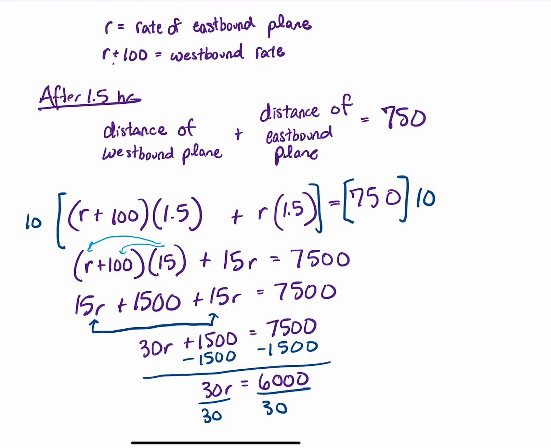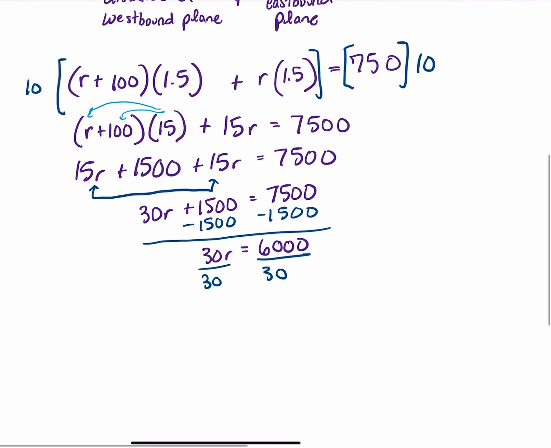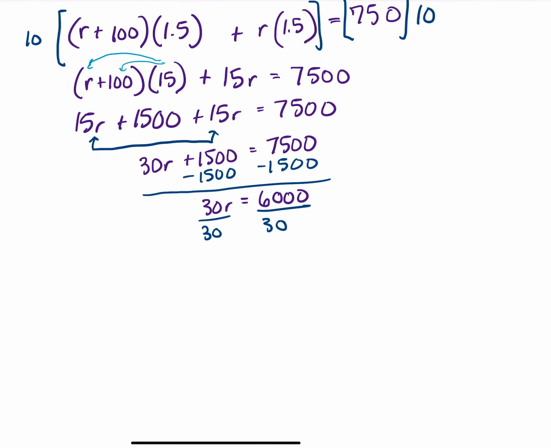Let me scoot down a little more. So we're saying r is equal to 6,000 divided by 30. So let's do that division off on the side. This should divide nicely, because I know 3 goes into 6, so these should divide.